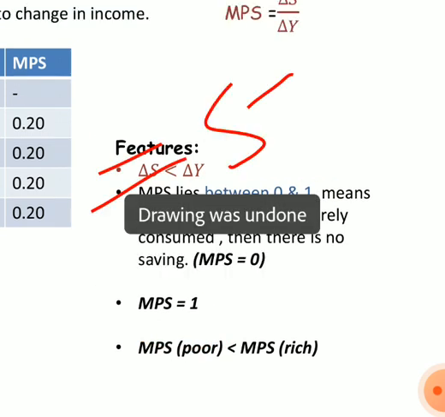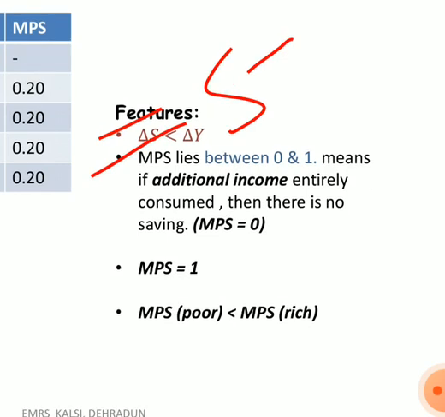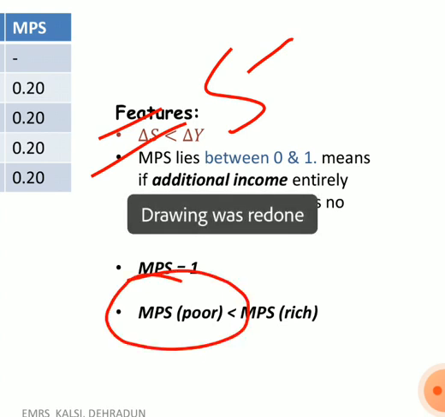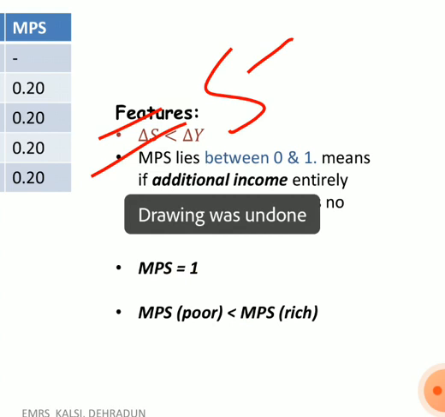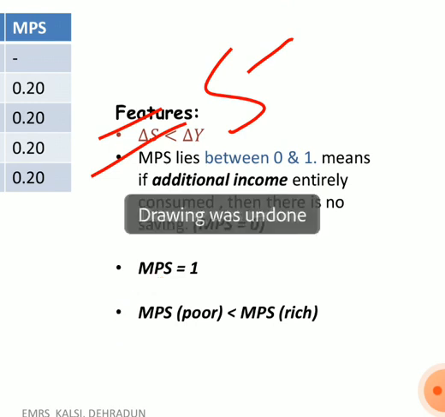Now one thing we have to remember, this might come in your MCQ exam: MPS of the poor is less than MPS of the rich. This means poor people save less and rich people save more. The savings of poor people is less than the savings of rich people. Okay, so you have to remember this point. So these were the features and the formula here.